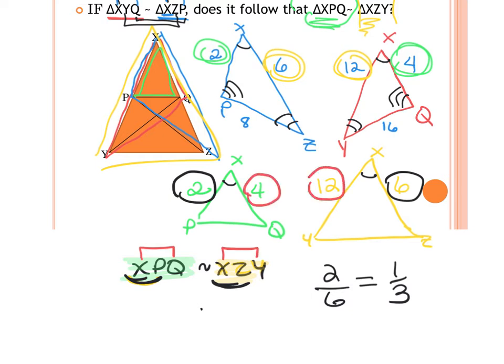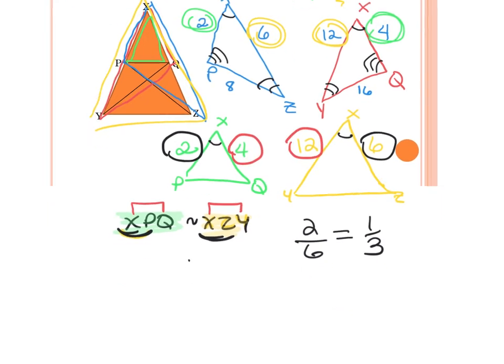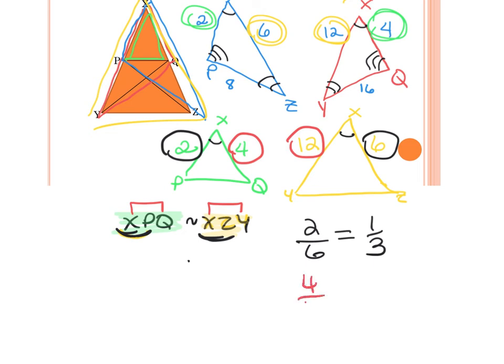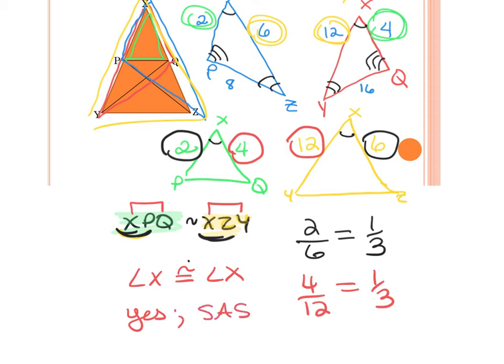So 4 over 12. Also simplifies 1 to 3. So my sides are proportional, and I also have that angle X is congruent to angle X. So I could say, yes, they are similar, and my reason is side angle side.